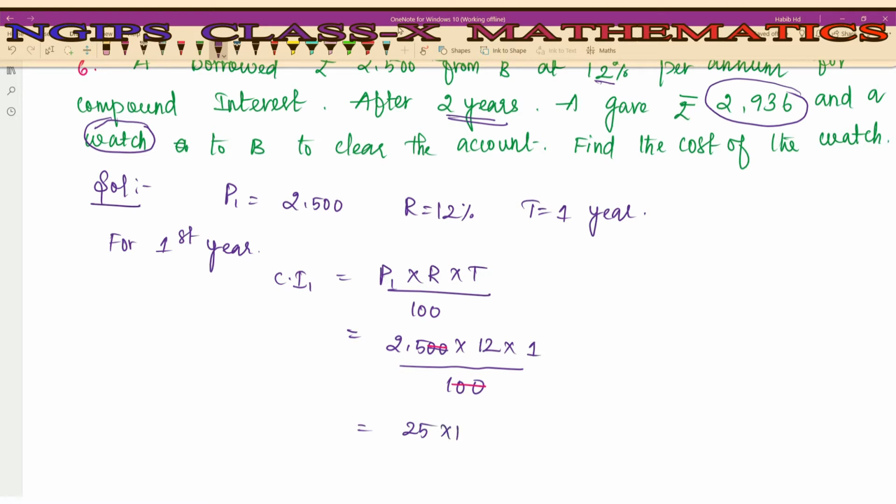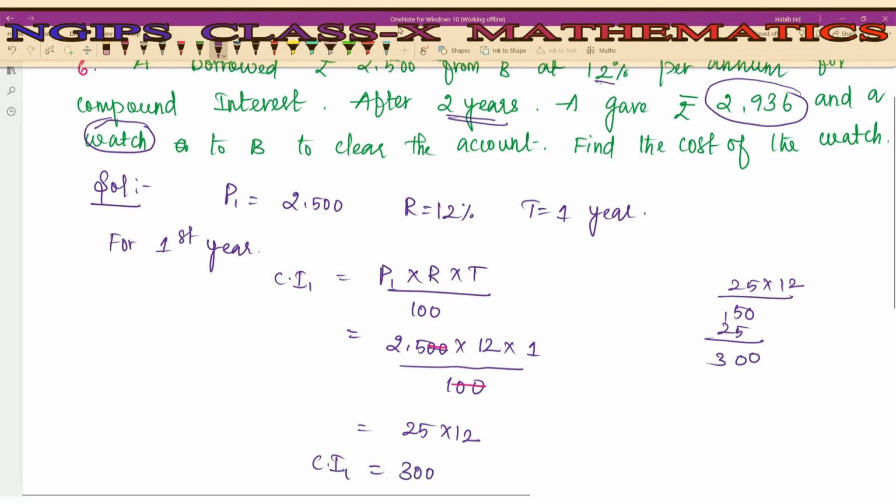So 25 into 12, what we will get here, 300 if I am not wrong. 25 into 2 is 50. Here it is 25. So 0, 5 plus 5 is 10, remainder 1, 3. So we got compound interest for the first year is equal to 300. Remember the principal here is 2500.